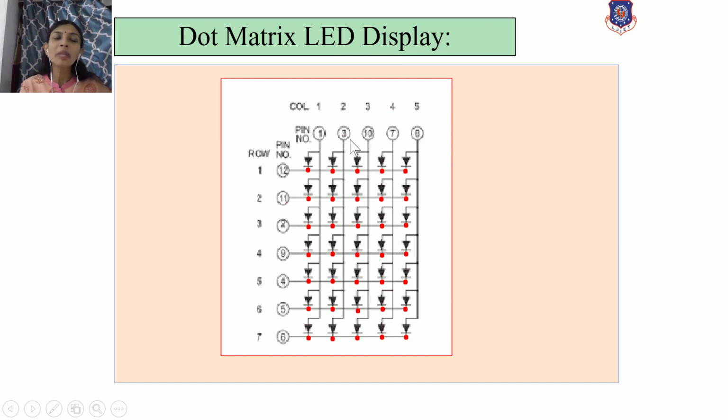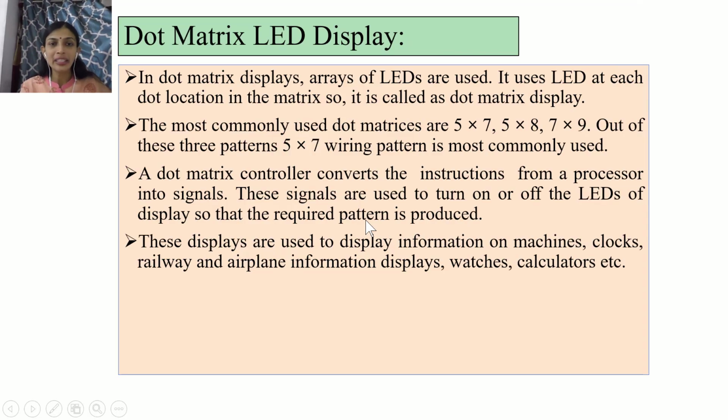We are using the main component, that is the LED, and the arrangement of LEDs will be the connection of columns and rows. So different types of patterns can be used. Different types of dot matrix displays, patterns and matrices will be 5 cross 7, 5 cross 8, 7 cross 9.